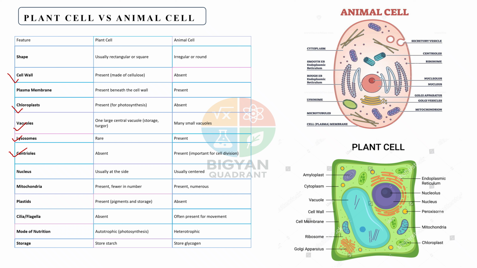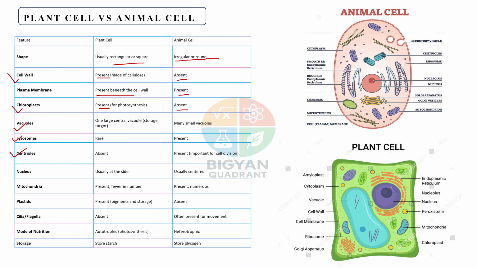Also, the shape of the plant cell is rectangular, and the animal cell is irregular or rounded. We have already said that the plant cell has a cell wall, and the animal cell basically doesn't. The plasma membrane is present beneath the cell wall, and the chloroplast is present in the plant cell, and absent in the animal cell.